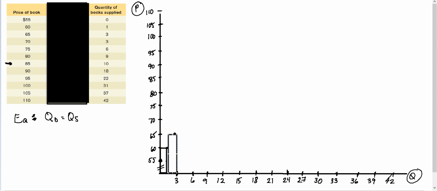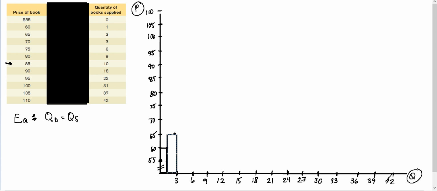At $70 per book, I have still three sellers willing to come into the market and sell. So I haven't added to my number of sellers, and I'm not going to plot 70, because remember, here I'm looking at how many more sellers I have coming to the market.